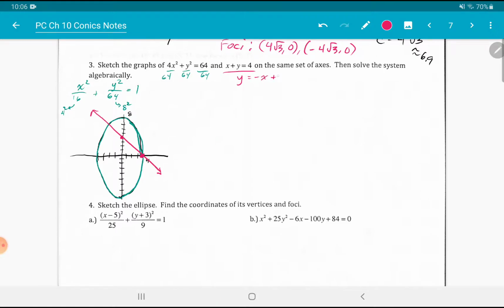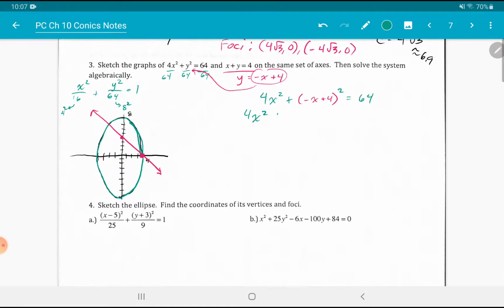So let's go ahead and solve a system of equations. When we solve a system of equations, remember, you can either do elimination or substitution. For our purposes here, it definitely looks like substitution would be the better route. So let's plug in negative x plus 4 for the y value. We're going to get 4x squared plus negative x plus 4, squared, equals 64.